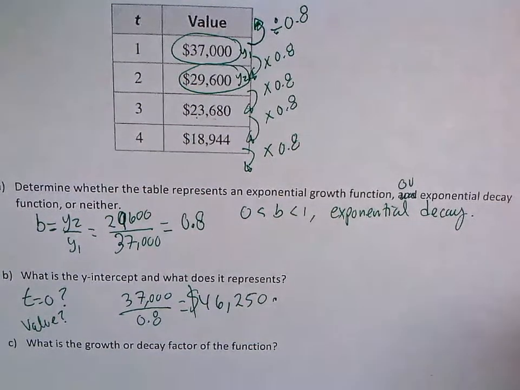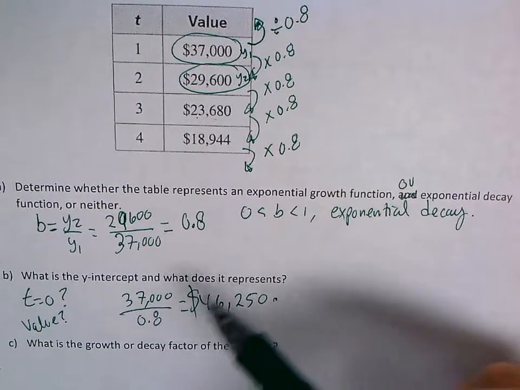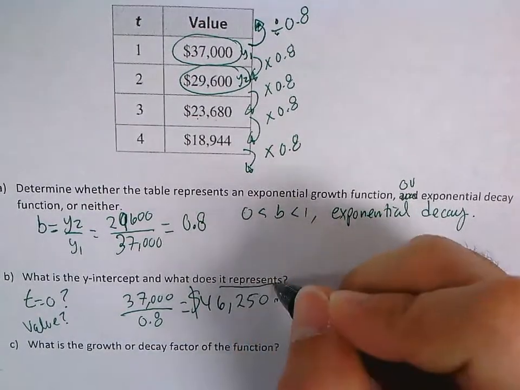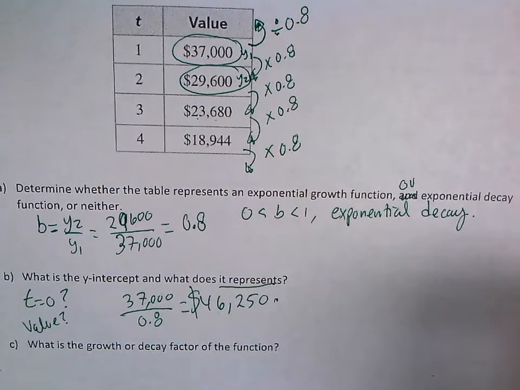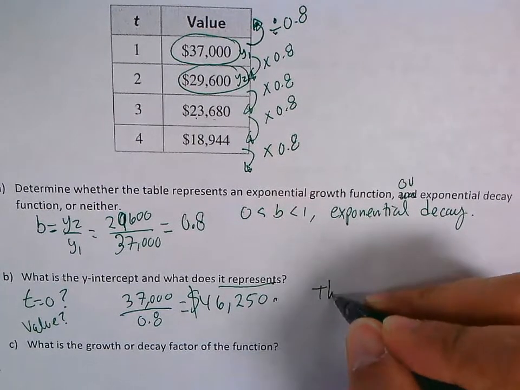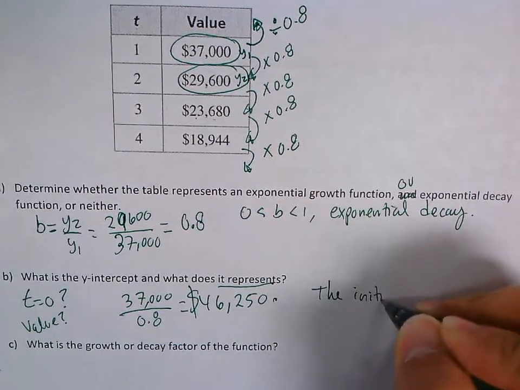Well, the next part is we need to answer what it represents. I told you that there are two words that are very important to answer this part. And the two words are the initial.